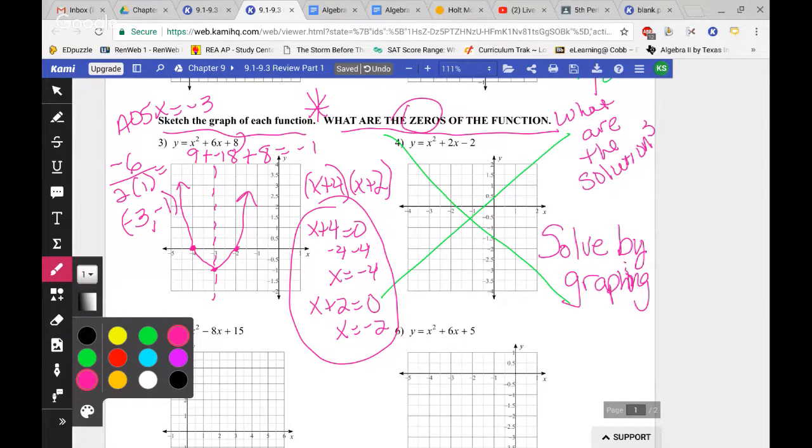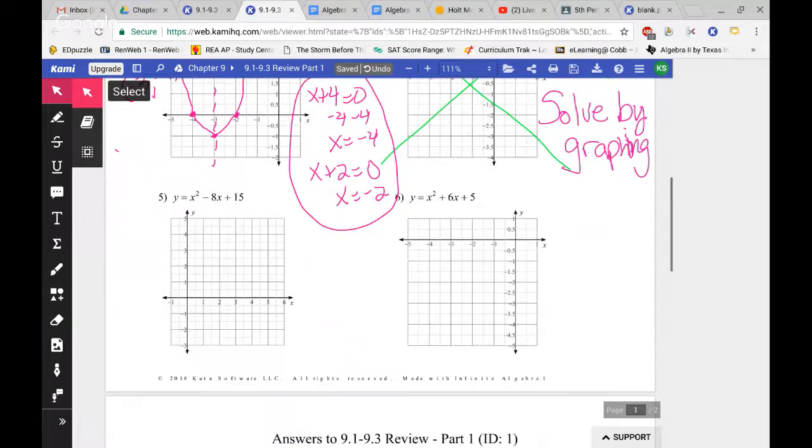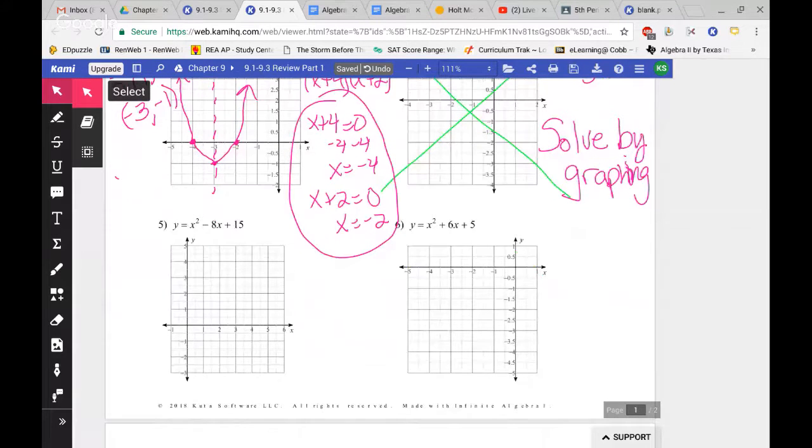So same concept that we're doing here, same exact concept. The only thing that I wanted to do, and I'm not trying to add confusion, I just wanted to give you a lot of experience of walking through the vertex and the axis of symmetry. Does that make sense? So that was the only reason that I did that, and kind of to show you that that's another way to solve.